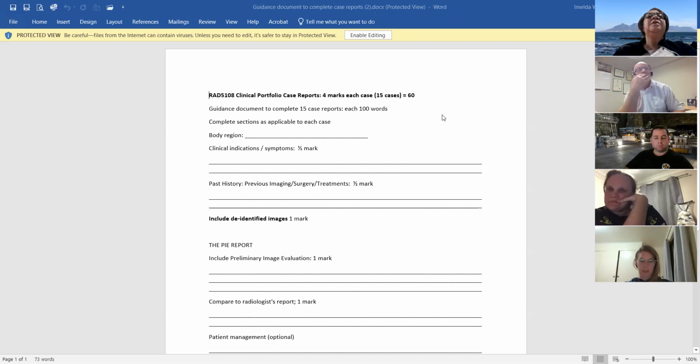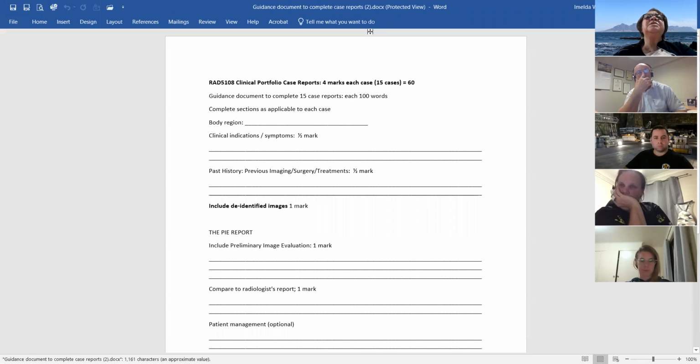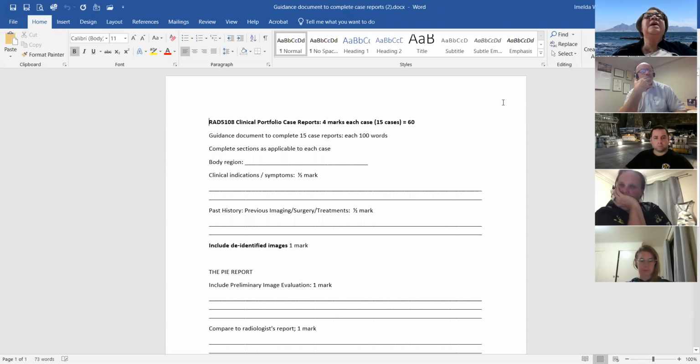Okay. So this is just a summary to bring everything together. You need 15 cases with body regions, all the body regions covered, having the clinical indications or symptoms, and that is how the marks will be applied for each of those cases.